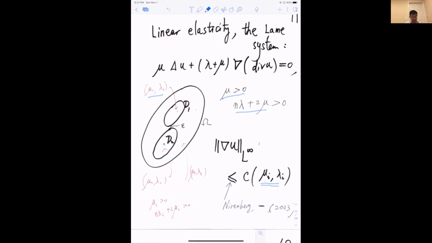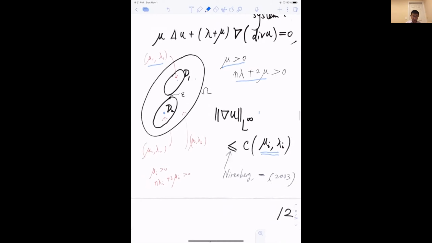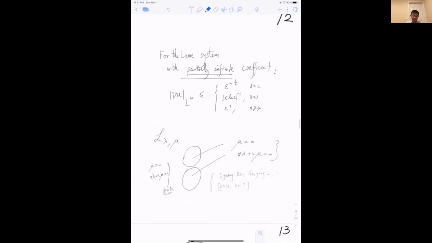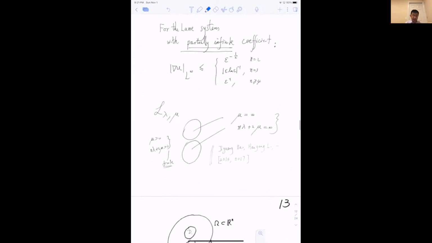And so now the question is, what happens when this ellipticity degenerates? So when they degenerate to infinity, these were studied by Ji Guangbao, Haigang Li, and myself a few years ago. So we look at partially infinite coefficients.